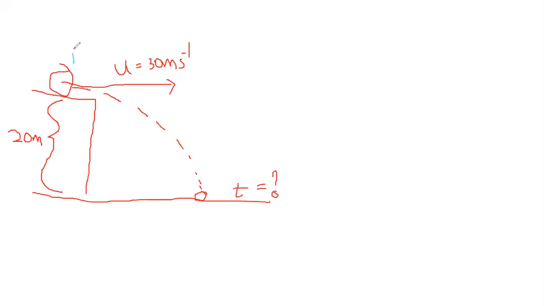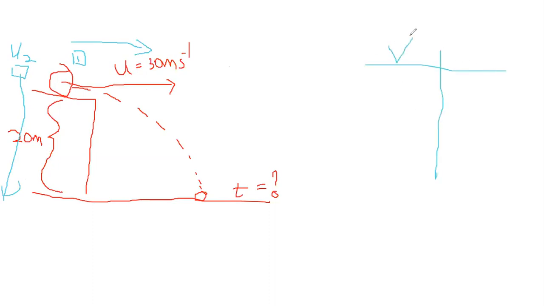One camera moves horizontally, taking pictures of the object as it falls down. The other camera is in front, moving down and taking pictures. These two camera speeds, we're going to break into vertical and horizontal.